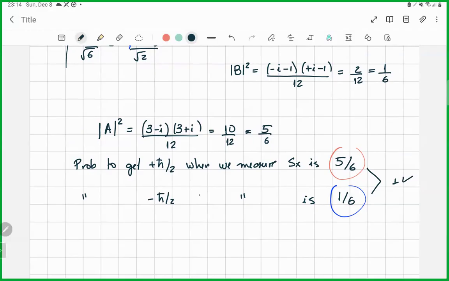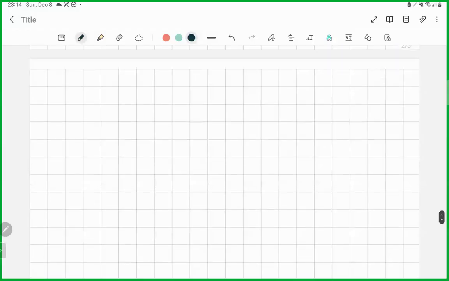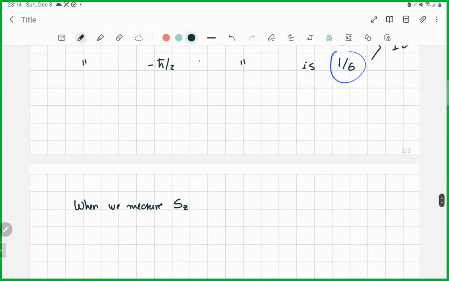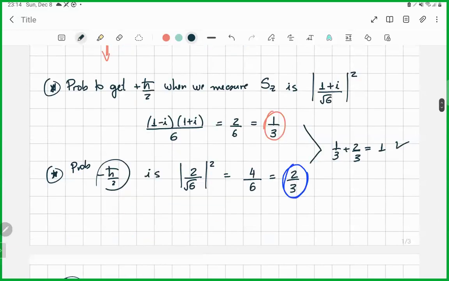Okay, so let's just summarize what we have so far. We said when we measure the spin in the z direction, we got the probability 1/3 for it to be pointing up. So 1/3 to get this value h bar over 2.